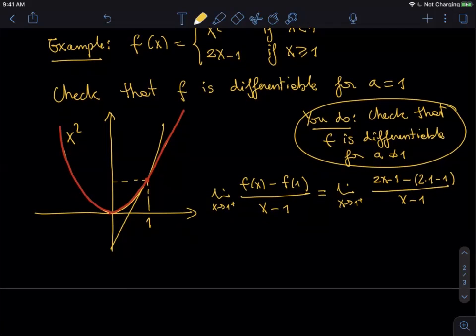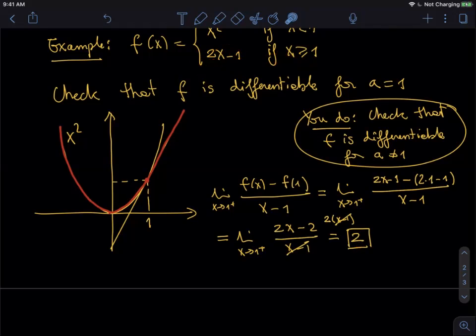So this is the limit as x tends to 1 from the right of 2x minus 2 divided by x minus 1. We simplify, because this is 2 times x minus 1. So the limit is 2. But then again, because the function is linear on the right of x equal 1, we already know that the slope of a linear function is the coefficient of x. So 2x, then the slope has to be 2.